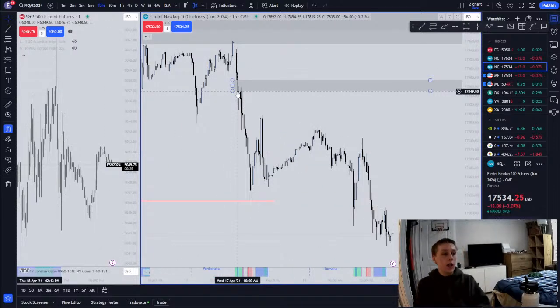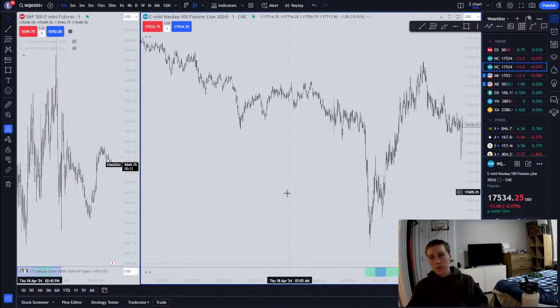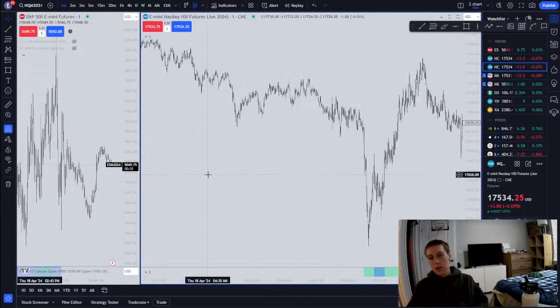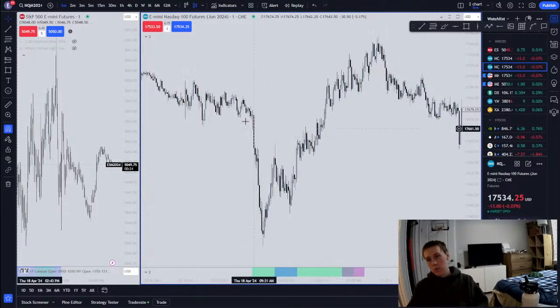I didn't trade today. I thought there was that market maker buy model, but that was it. I thought that this was the only market maker buy model we had. That SMT, sweep of liquidity, that confirms order block, fair value gap, original consolidation. This repeats every single day.